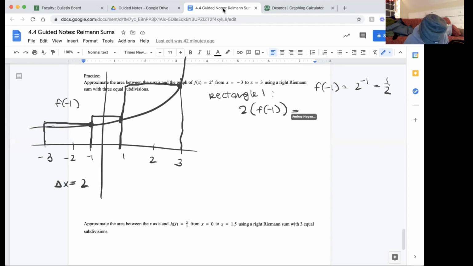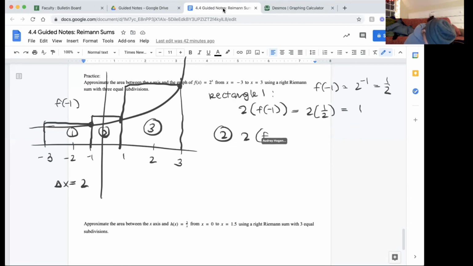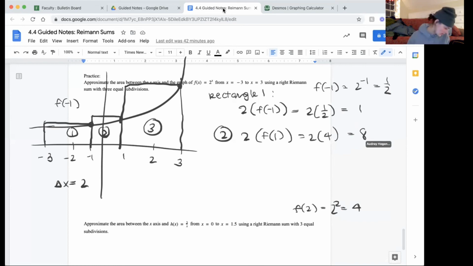So this is going to be 2 times 1/2, which is equal to 1. Rectangle 2 is going to be 2 times f of 2, which is 2 to the 2, which is equal to 4. So 2 times 4 is equal to 8, the area of rectangle 2.